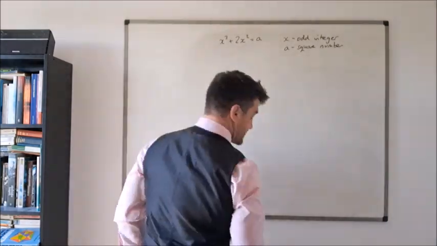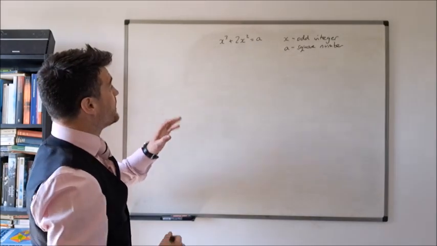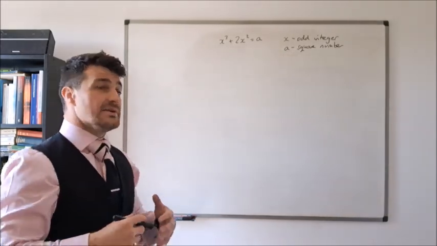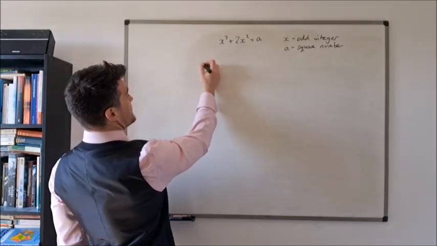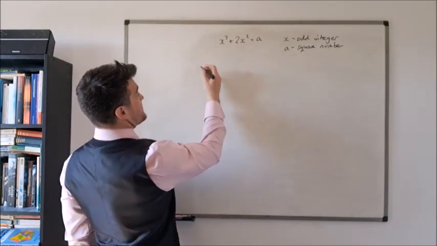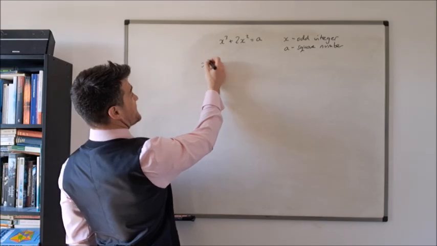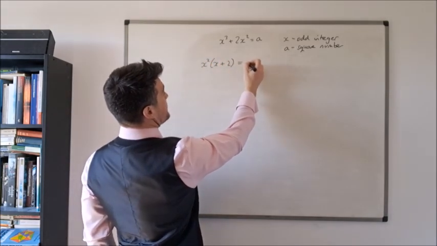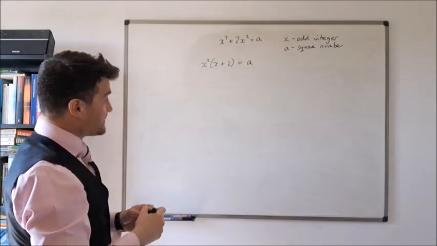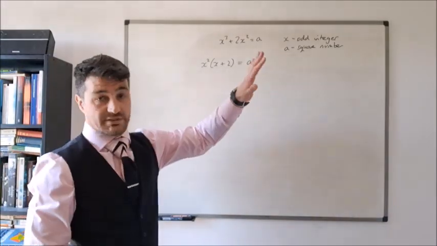So I thought, I didn't think this was going to work, but fortunately it did. What I did was factorize the left-hand side to x squared times x plus 2, to give x squared times x plus 2 equals a. Remember, a is a square number.